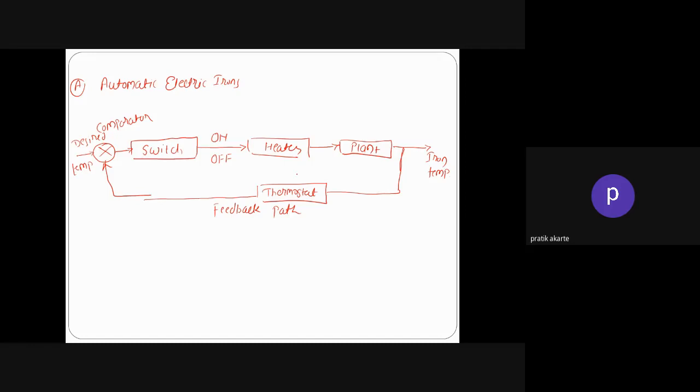Fine. Now let us work on this system. I have set a desired temperature for my linen shirt. The switch will first turn on the heater, and the iron will be heated up to a particular temperature. When that temperature is reached, the thermostat will send a signal to the comparator, and the comparator will check whether the desired temperature is reached or not.